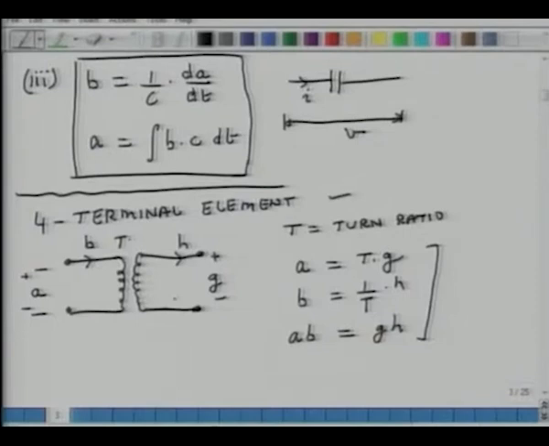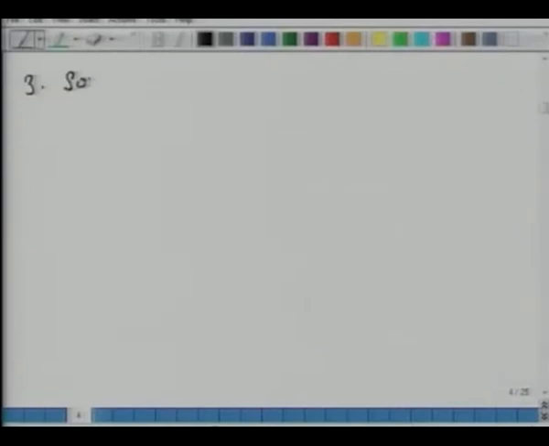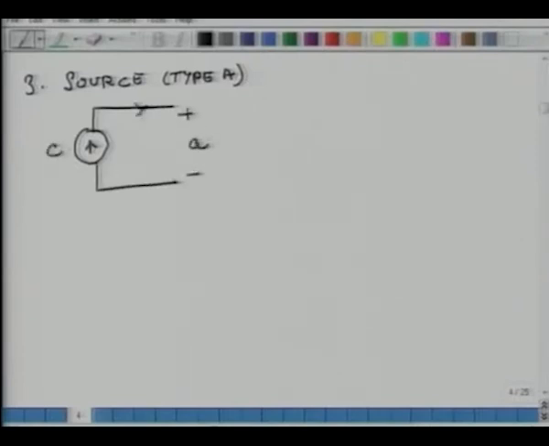So the third category was source, type A. So essentially what we are saying is that the element variable C is the same as A, and this is the case for an ideal voltage source as an example.